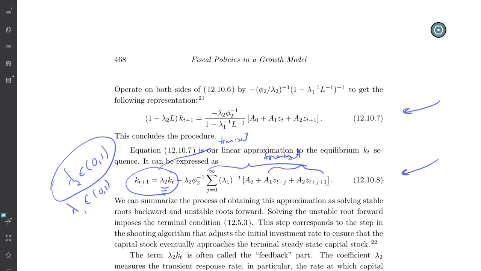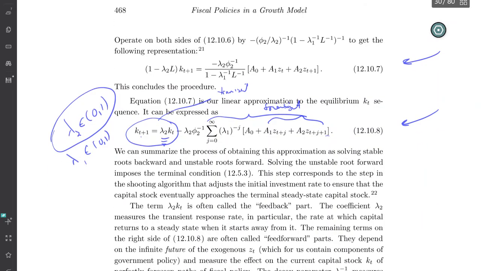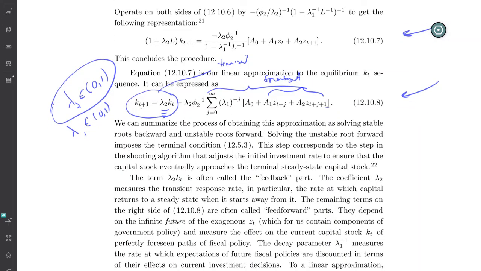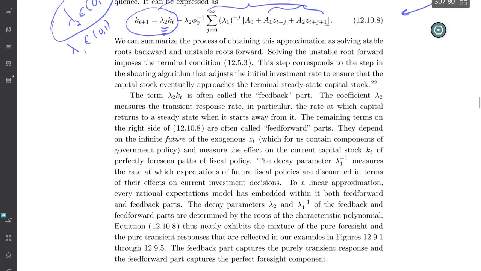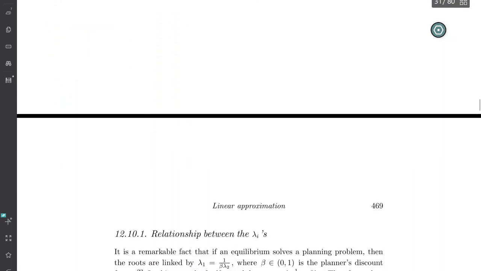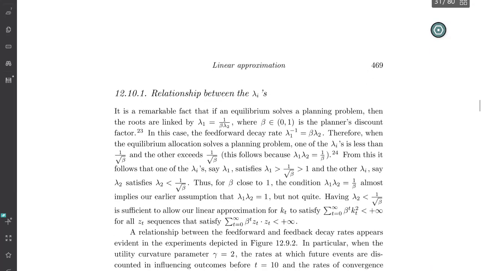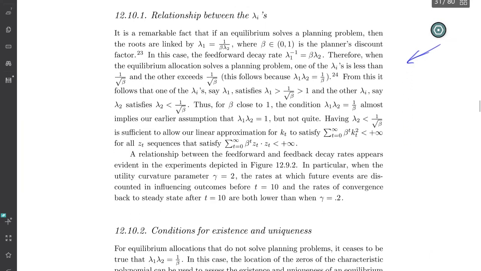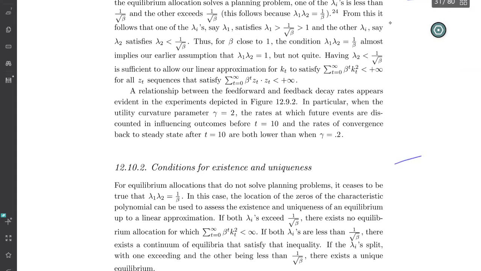And this structure is present in lots of rational expectations models. And then we know lots of things about the lambda i's, and they're connected to conditions for existence and uniqueness of an equilibrium with distorting taxes.